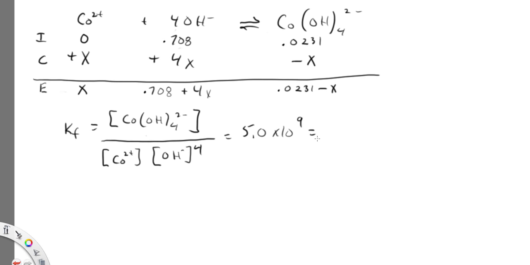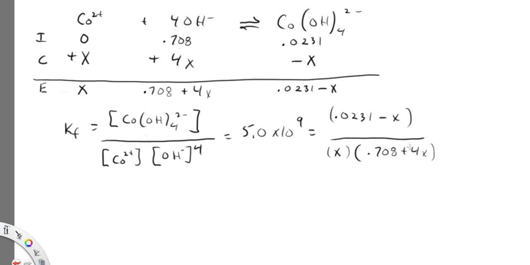All right, let's substitute in the numbers. So we're going to have 0.0231 minus x over x times 0.708 plus 4x.